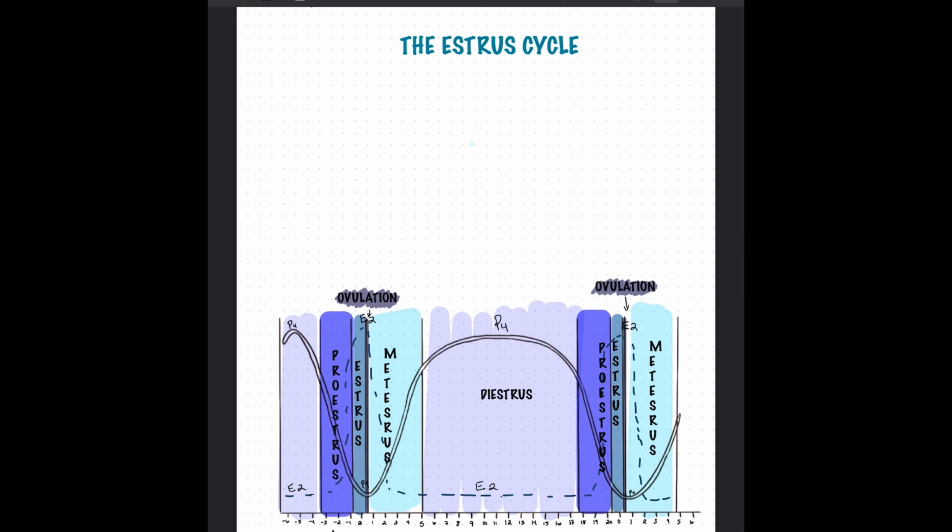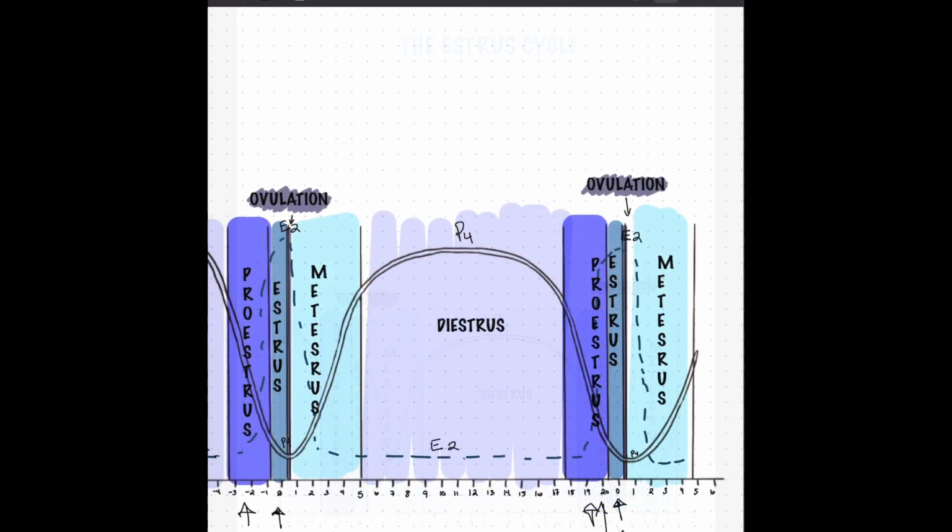And it's usually on this side, day 17 through day 20. And then day 0 here is what's considered ovulation. Both of the ovulations occur on day 0. And then estrus will occur here on day 20.